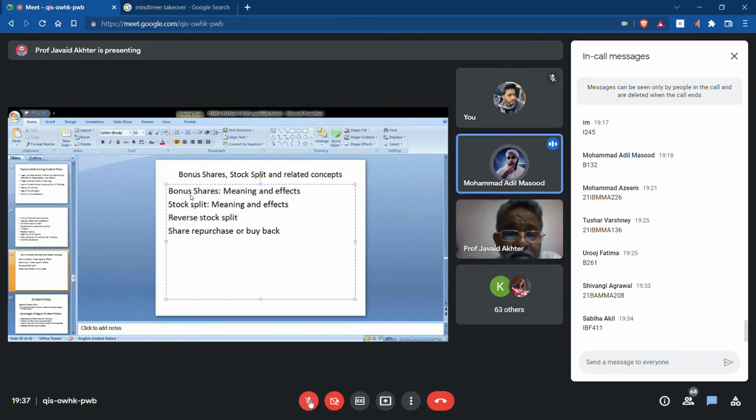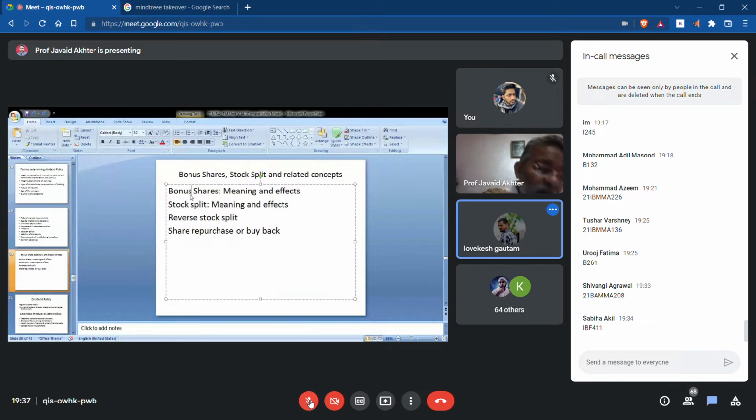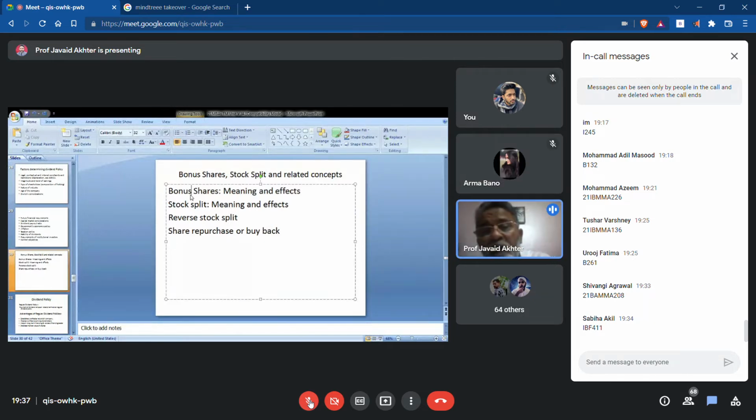Sir, their value would increase over time, preferably. Okay. What will happen to EPS? EPS will increase or decrease? It will decrease, sir, because there will be more number of shares. EPS will decrease. What will be the other effects?